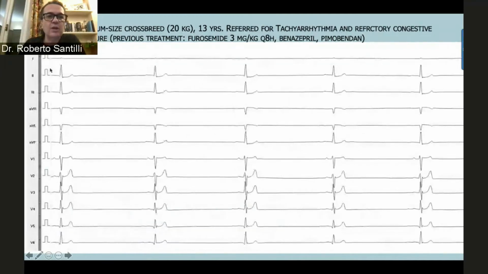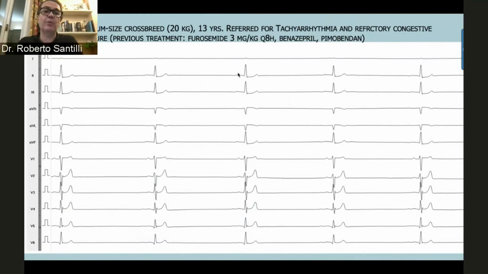And then if you look, he had again a P wave. You see that the right atrium is working properly with a nice P wave, and then in the other leads it is almost flat because the left atrium is not really working properly due to the long-standing persistent AFib.